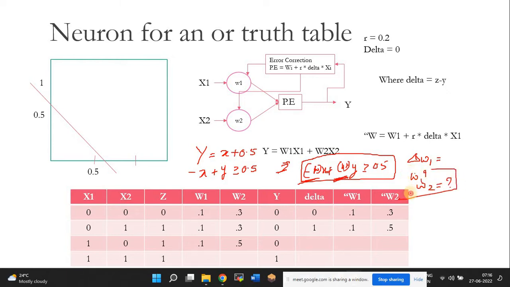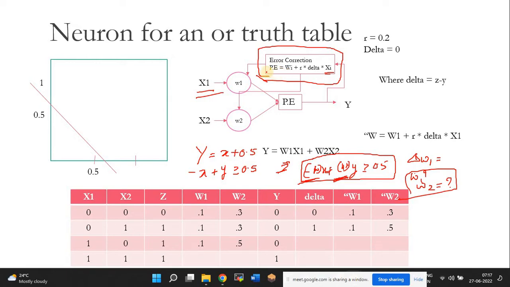How do we determine that? Based on this particular error correction, which needs to go through each of these w1, that error correction is equal to w1 plus r into delta into xi. This is a very important equation that you need to know: what is that error correction that I need to have.